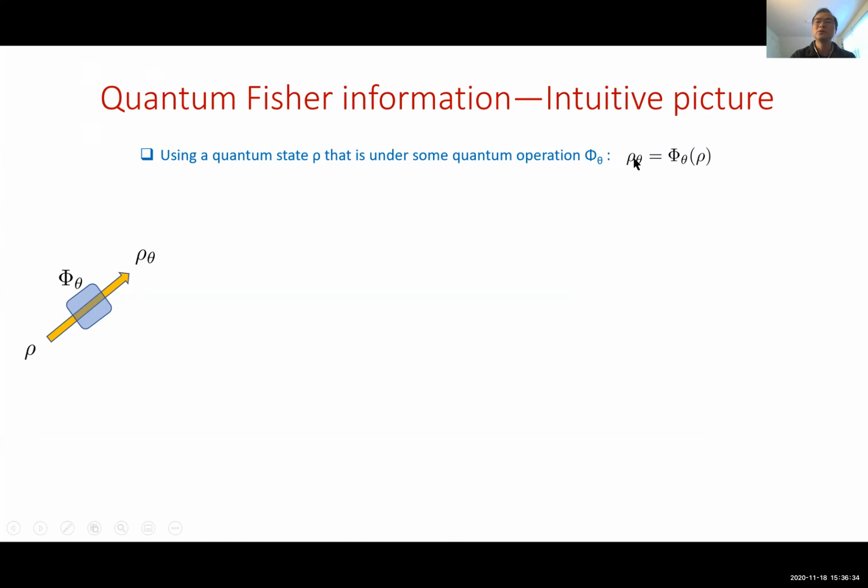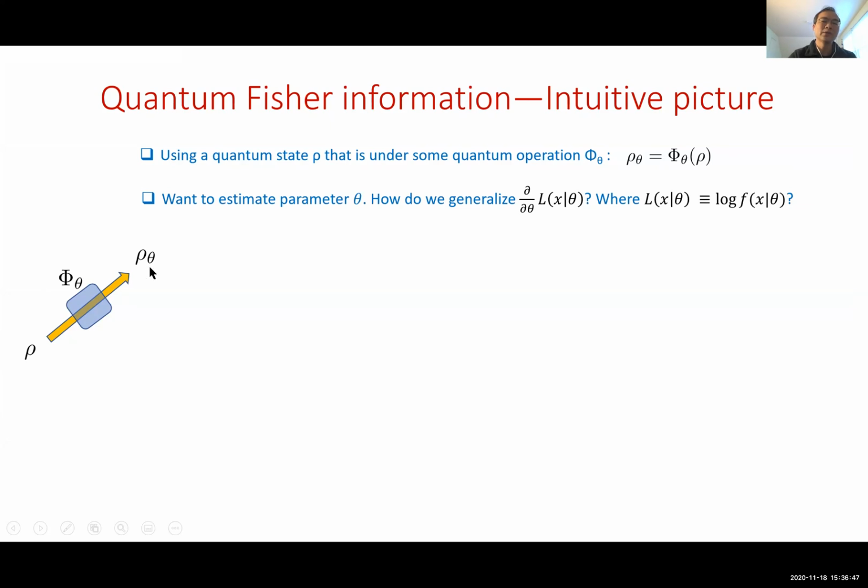We denote rho theta as the action of phi theta on rho. And from the output of this state, we can perform measurement, and we want to know, when we estimate theta, what is the variance?